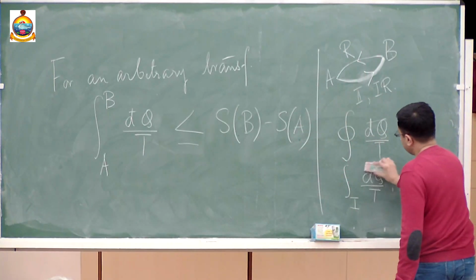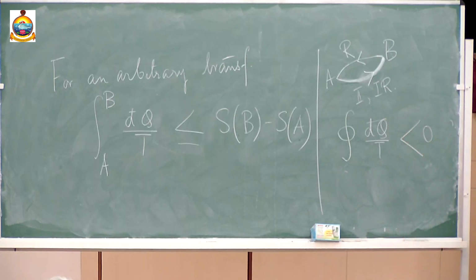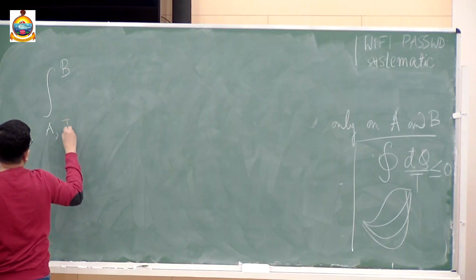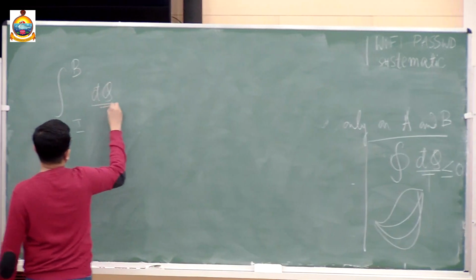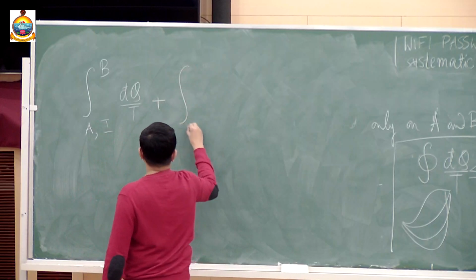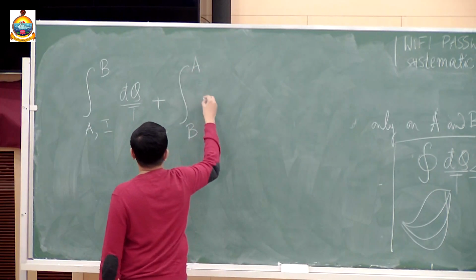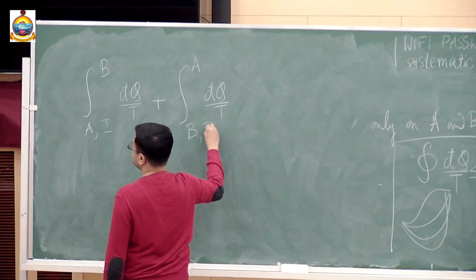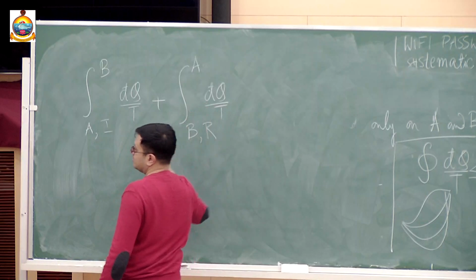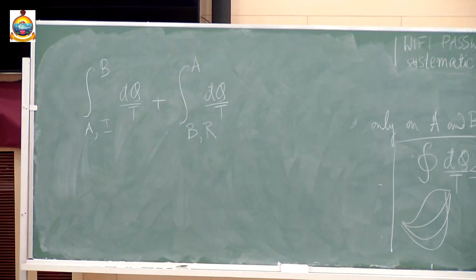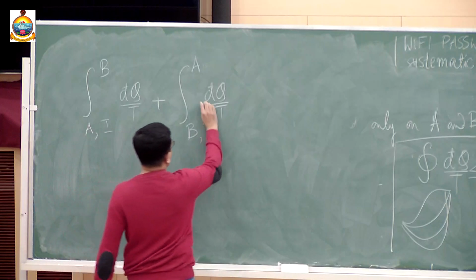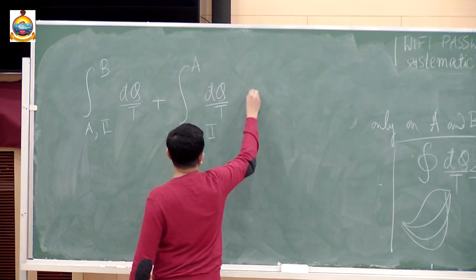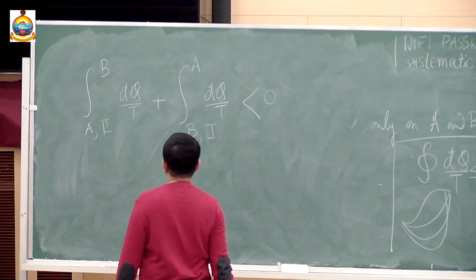Then if I just use this inequality, what I get is the integral from A to B along this irreversible path of d cross q by T plus the integral from B to A of d cross q by T along the reversible path, which is path 1. This is path 2, this is path 1, and this is less than 0.